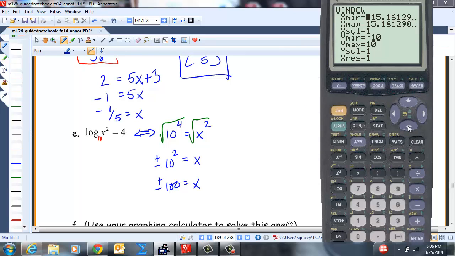So let's see. Let's go to maybe negative 150 to 150. And then let's do the scale on x as, I don't know, 10, I guess.